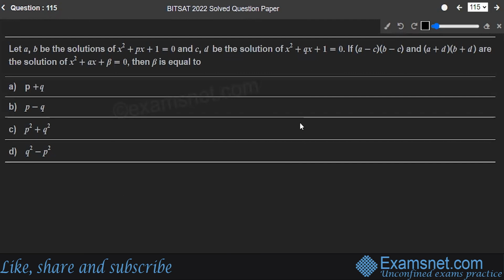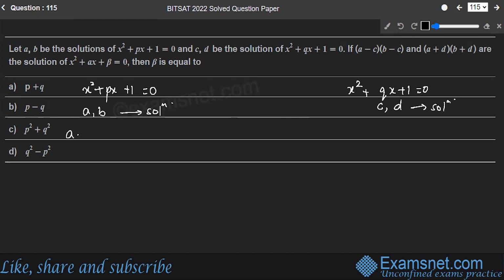So it says let A and B be the solutions for this equation, C and D be the solutions for this equation. If A minus C, B minus C, and A plus D, B plus D are the solutions for this equation, then beta is equal to. Okay, so you have the first equation, this and this, the second one. So you have A and B as the solutions here, and C and D as the solutions here.